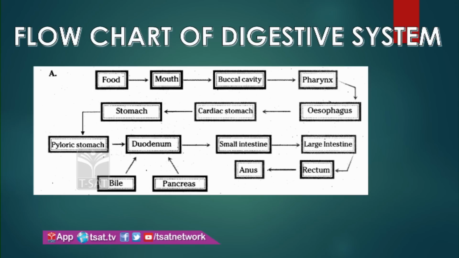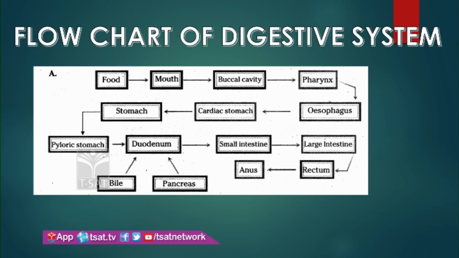Here the stomach contains HCl acid and pepsin enzyme. Those two act on food to convert it into simple molecules. Next the food moves into the duodenum with the help of the pyloric sphincter. Here the duodenum absorbs the bile juice from the liver and the pancreatic juice from the pancreas.